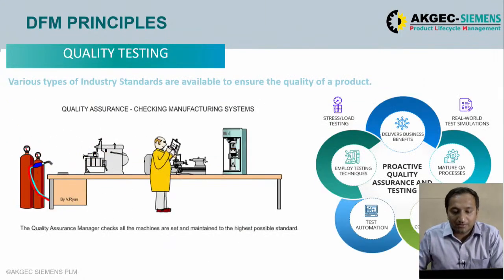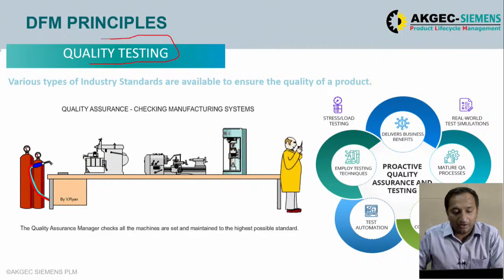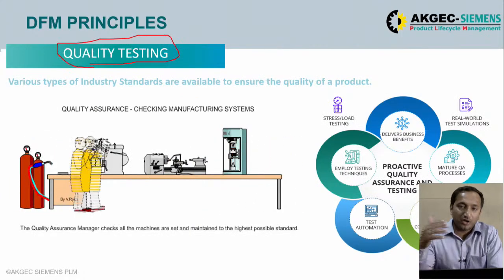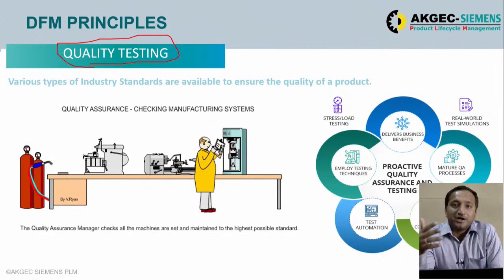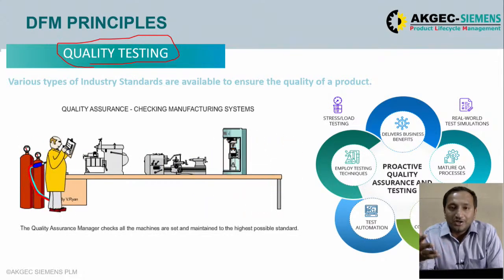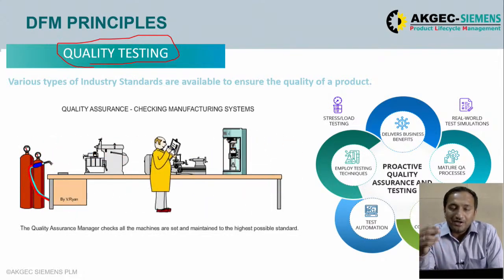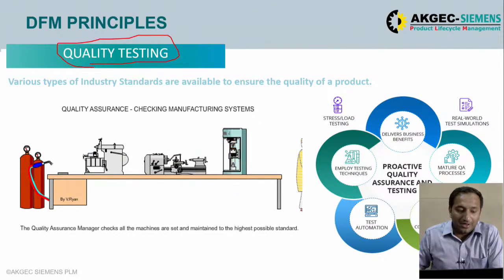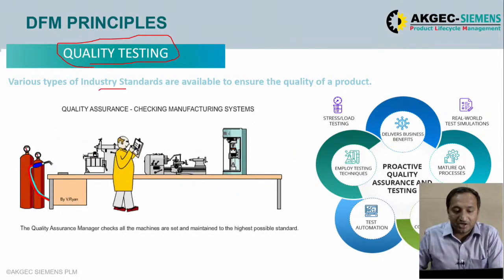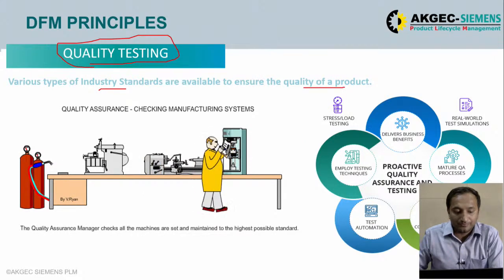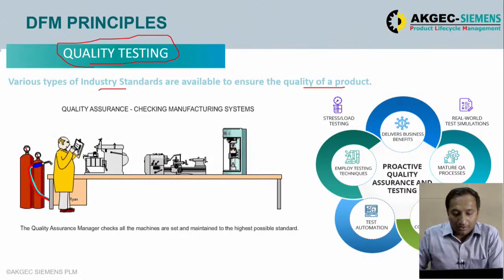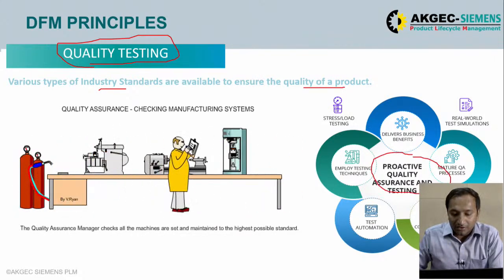Next and last part is quality testing. Like you have manufactured a product, now you want to launch it to the customers. So quality testing is also a very important part of it. There are various industry standards available to ensure the quality of a product. For example, there are stress and load testing.